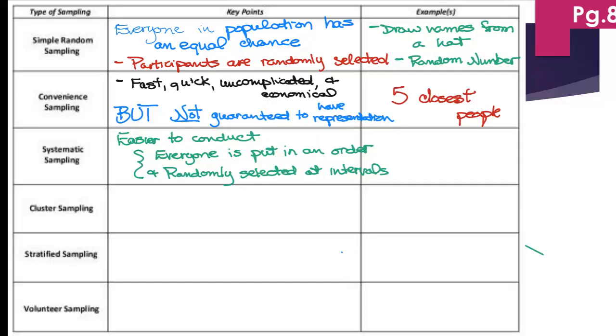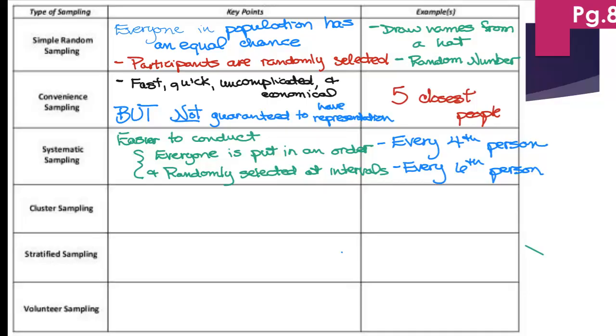So that might be talking about every 4th person, once they're put in some sort of order, and every 6th person. Okay?